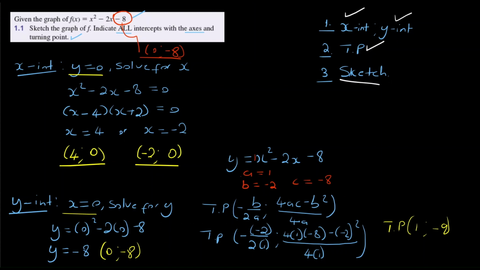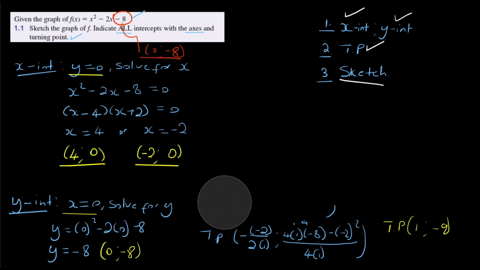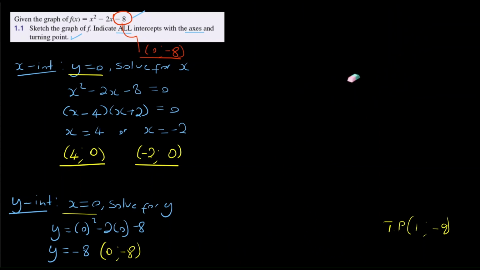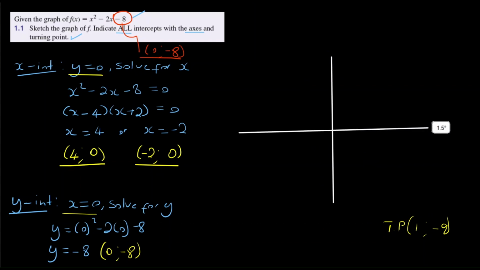Now we just need to sketch our graph. And to sketch our graph, we really need two things. If you're not already given the Cartesian plane, you need to sketch two lines. The vertical line is your y-axis, and the horizontal line is your x-axis.